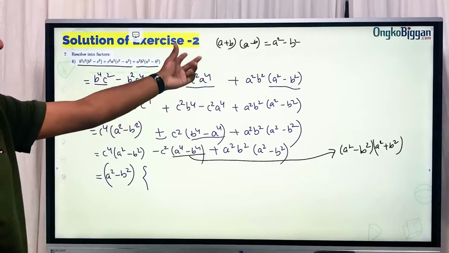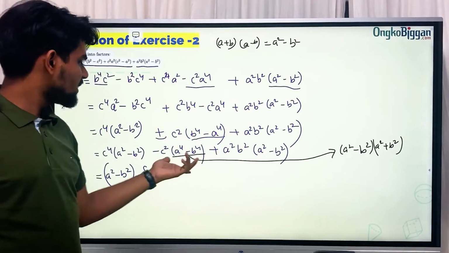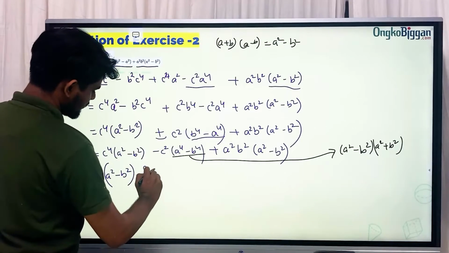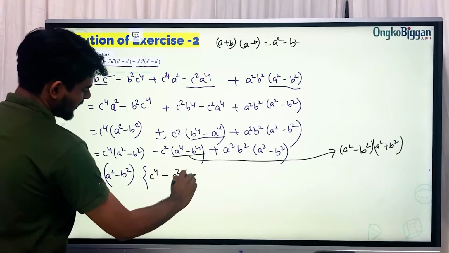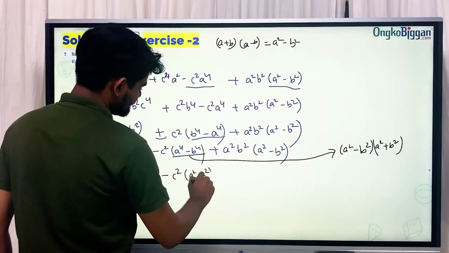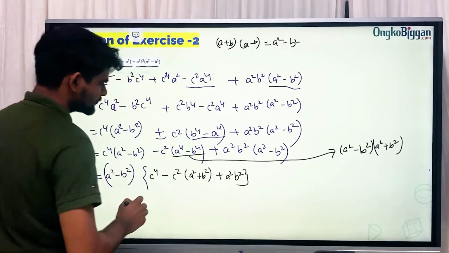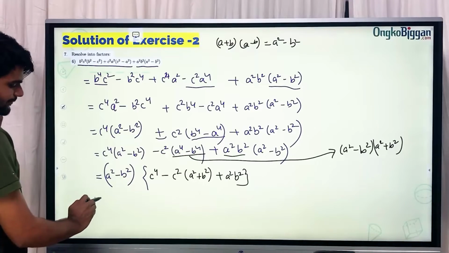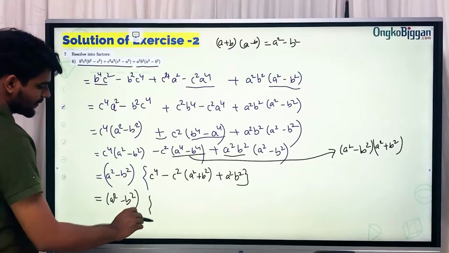That is, a square plus b square into a square minus b square created a to the power of 4 minus b to the power of 4. So we got c to the power of 4 minus c square into a square plus b square, plus a square b square, well, this common, and this common. So a square minus b square.